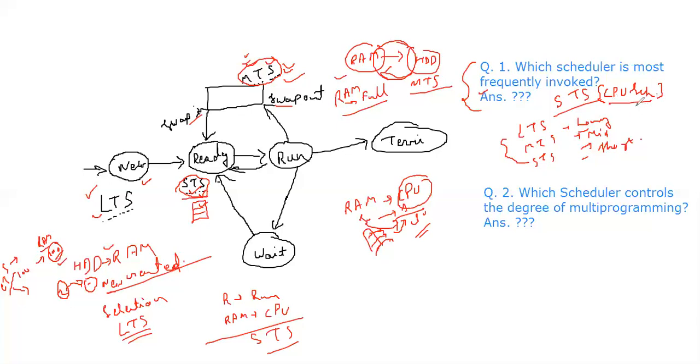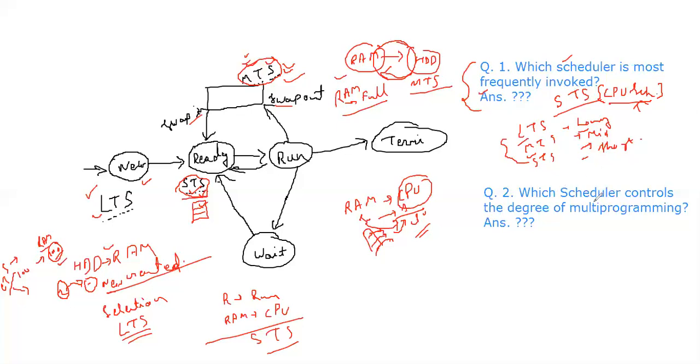There are certain books where you will find that the short-term scheduler is known as the CPU scheduler, or they do not even use the word short-term scheduler, they use the word CPU scheduler. So I hope it is now clear why the short-term scheduler is most frequently invoked, and what is the significance of the long, mid, and short words in these schedulers.